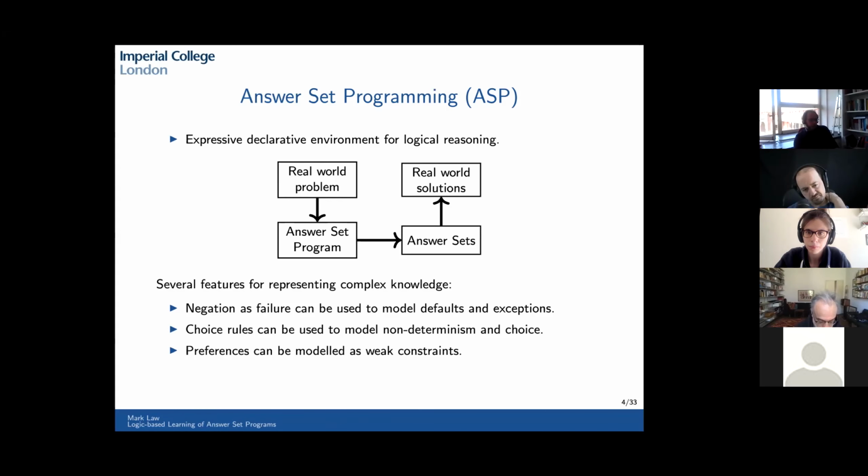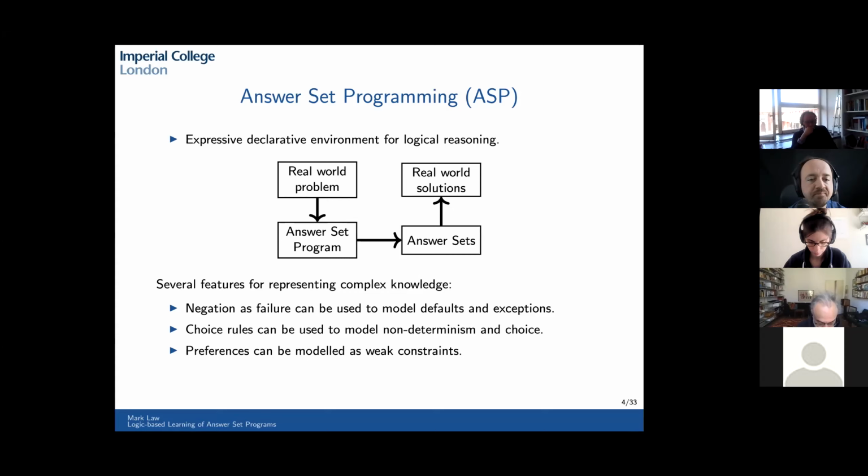So it's got some really nice features for representing complex knowledge. Similarly to Prolog, it has negation as failure, which means that we can very naturally model things like defaults and exceptions. So we can do common sense reasoning. And then in addition to what's supported in Prolog, we also have choice rules and weak constraints. So choice rules allow us to model things like non-determinism and user choice, and will generate multiple answer sets.